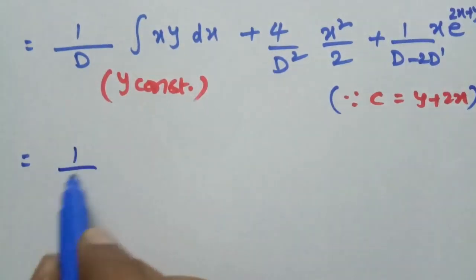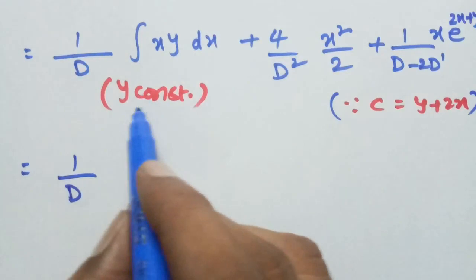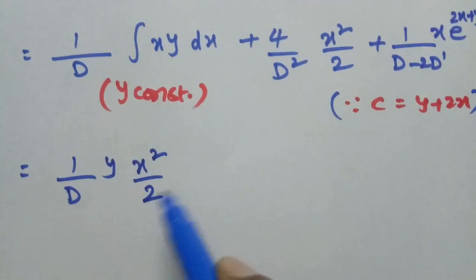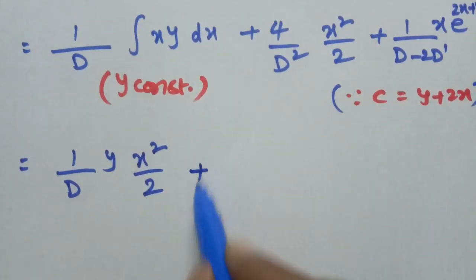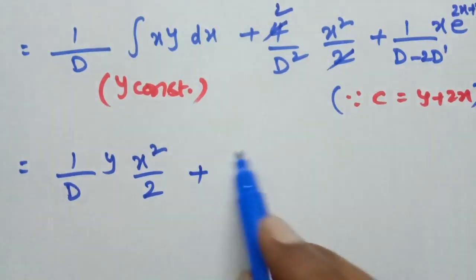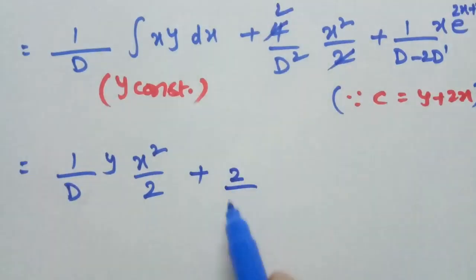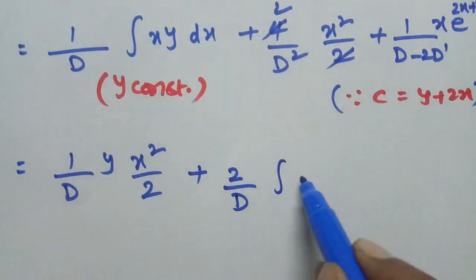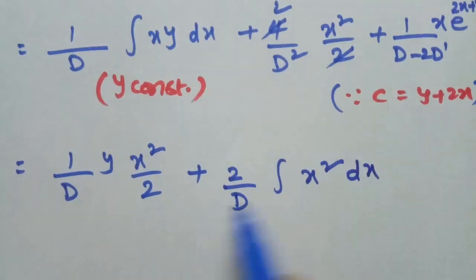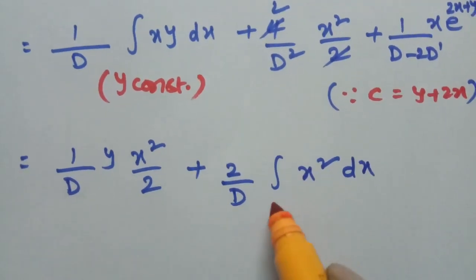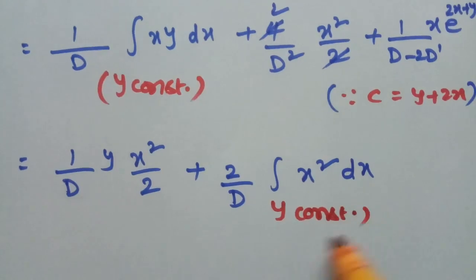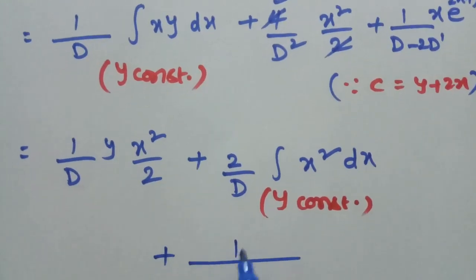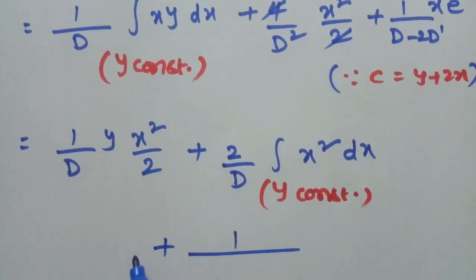therefore 1 by d into integration of xy, keeping y as constant, integration of x is x square by 2 plus, again 2 into 2, the 2s get cancelled, 1 by d square can be written as 1 by d into d. Again 1 by d means integration of x square, keeping y as constant, plus 1 by d minus 2d dash.